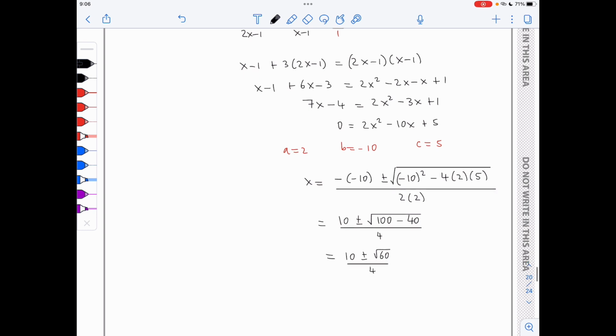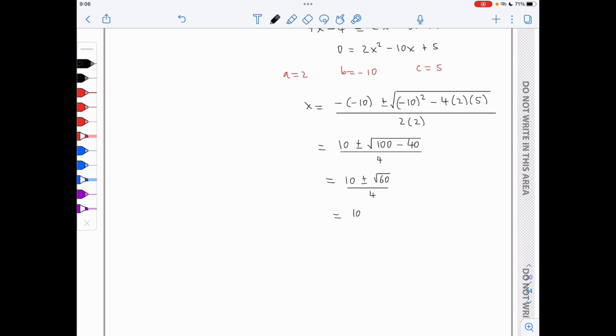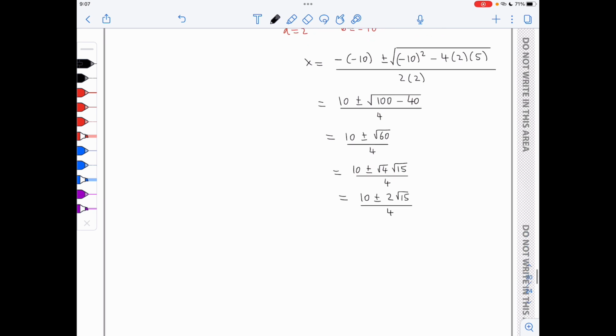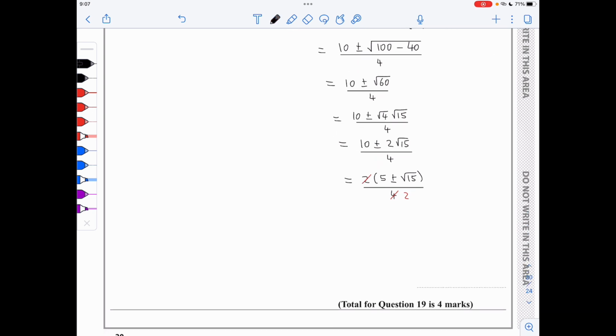I can express root 60 as root 4 root 15, so we've got 10 plus minus 2 root 15 over 4. Notice that there's a common factor of 2 in the numerator, so it's 2 bracket 5 plus minus root 15 over 4, and then the 2 with the 4 simplify out, leaving me with a 2 in the denominator. So final answer is that x is 5 plus minus root 15 over 2.